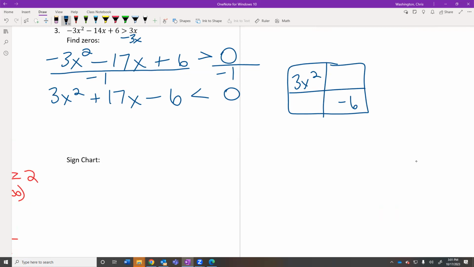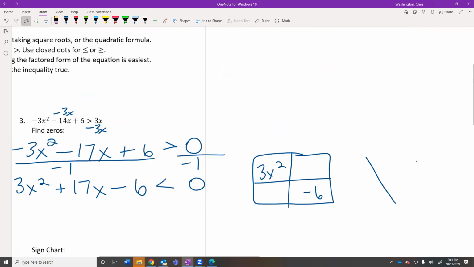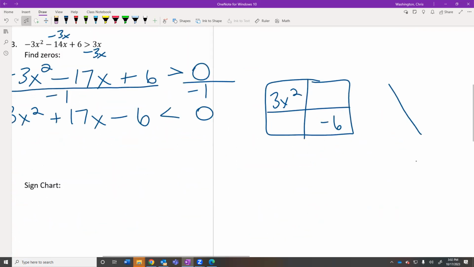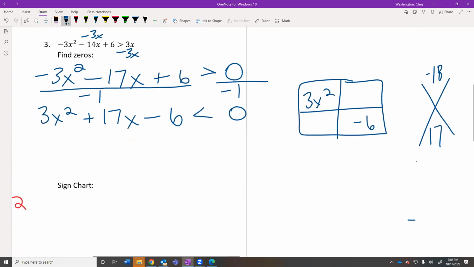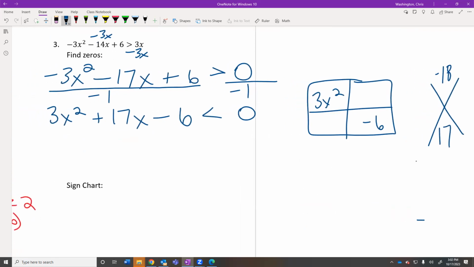So in the box, we're going to multiply the diagonal together. 3 times -6 is -18. What can we multiply to get negative 18, that adds to give us the middle number, which is positive 17? 18 and negative 1.